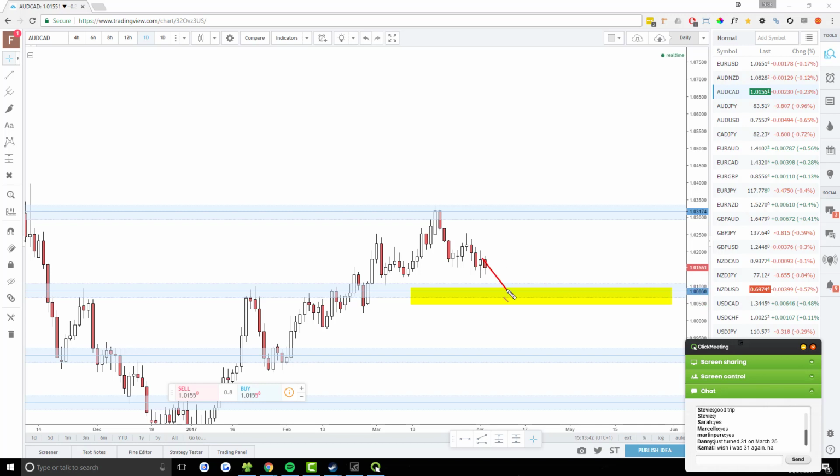When it hits this level, I'm interested to see what happens, because we could get something like a reversal happening. But right now, as for today, I don't really see anything that I would want to trade.